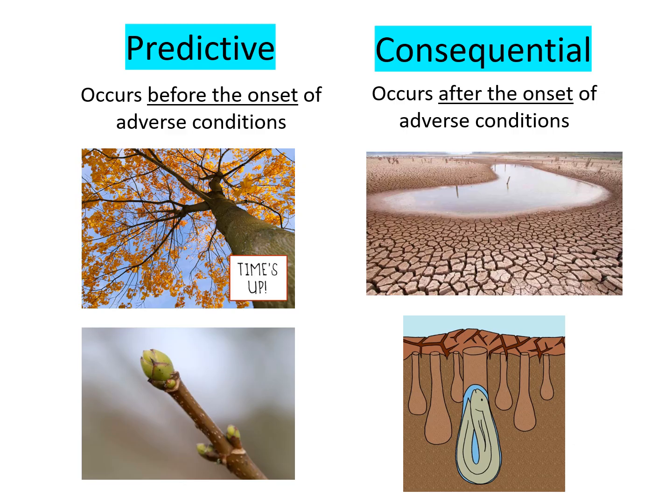So there's two types of dormancy. It can be predictive dormancy or consequential dormancy. And what predictive means is this is dormancy that occurs before the onset of the adverse conditions. So the organism is going to become dormant before the bad conditions arrive. It's going to predict them, usually based on things like seasonal signals.